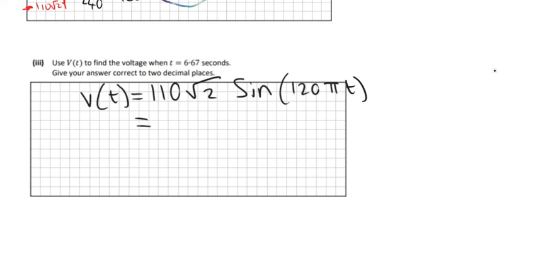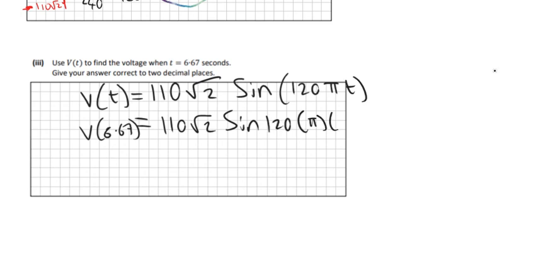So V of 6.67 is equal to 110 root 2 sine 120 times pi times 6.67. You use your calculator, put all that in, and you should get 147.95, and that's V.